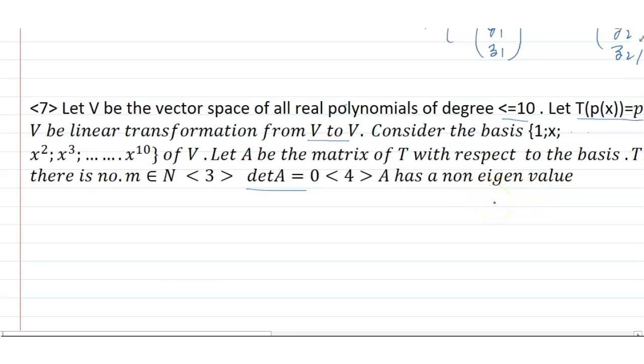So how can I solve this problem? Number one, V is equal to P10, x and T, Tpx is equal to P dash x.